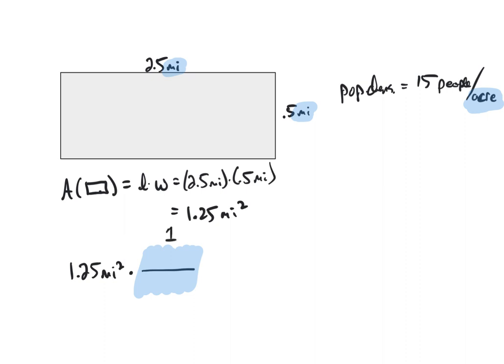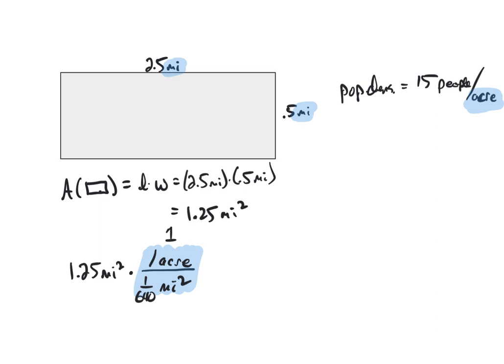So we're not changing the area of the park, we're just going to change the labels or units that it's being measured in. And at the very end of that problem, it says 1 acre equals 1/640th of a square mile. So what we need to do is attach 1 acre to the top, and we need to attach 1/640th square miles to the bottom, because that's what they tell us they're equal to.